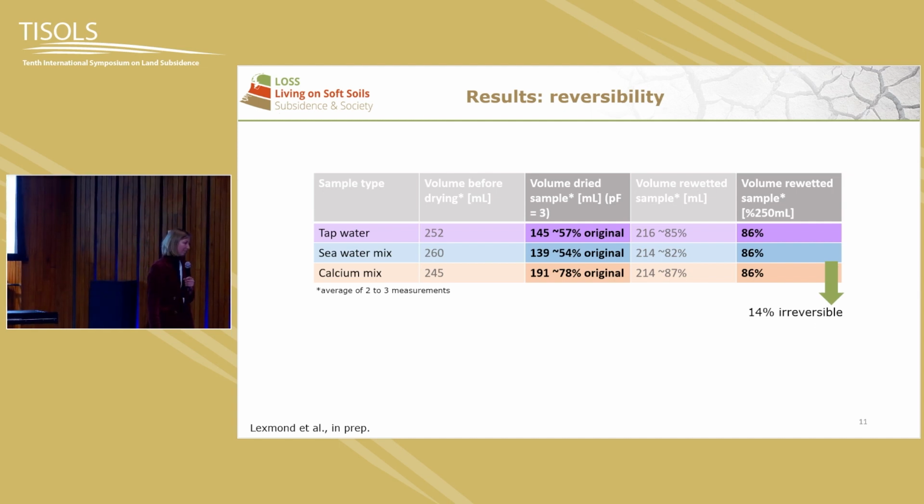Thank you for the presentation. Very nice. I was wondering, these numbers, 86%, are the same for every 3, and you have an average of 2 to 3 measurements. Do you have an impression of the variability? Really every sample, every measurement is 86%, or is there some variability between them? There is some variability in there, for sure.